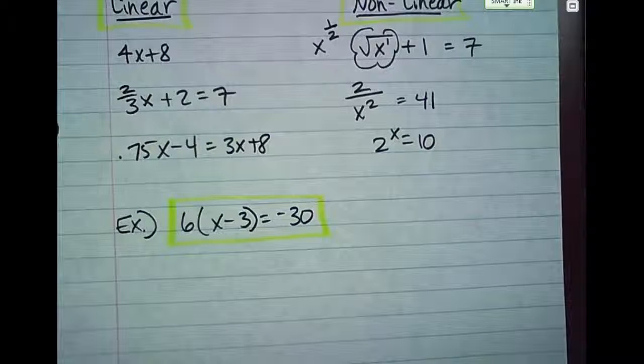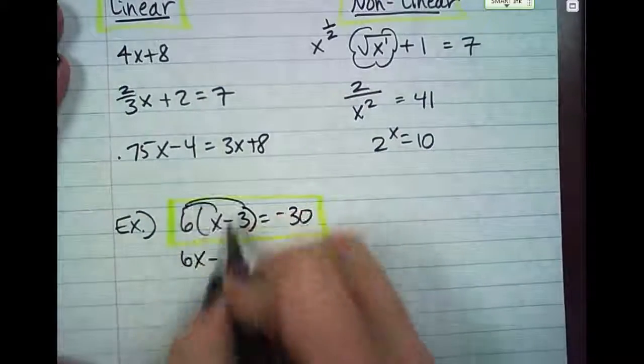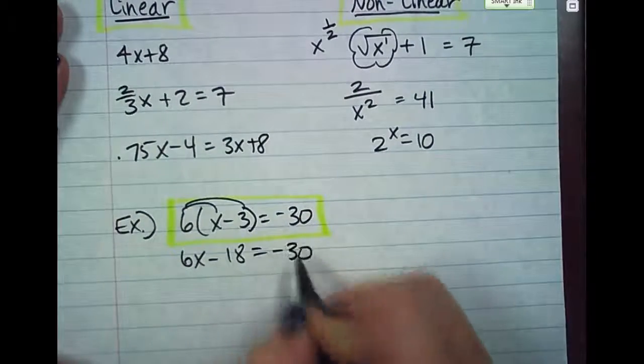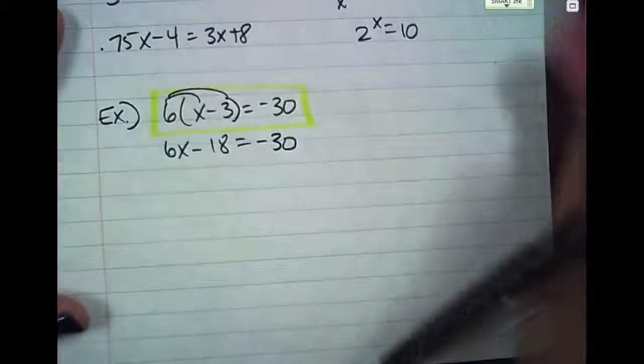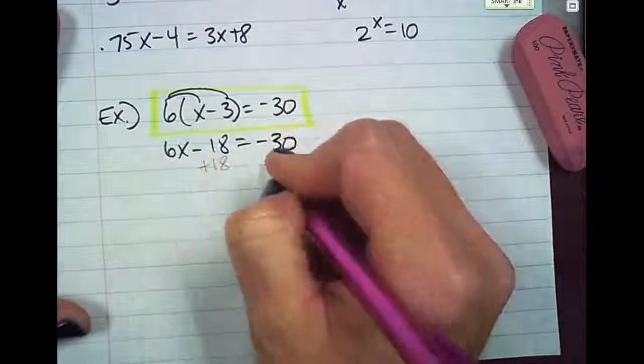What'd you get? Okay. I'm distributing, minus 18 equals -30. Now, I know in the past you guys have had to show tons of work. Like you would say, all right, add 18 and add 18.